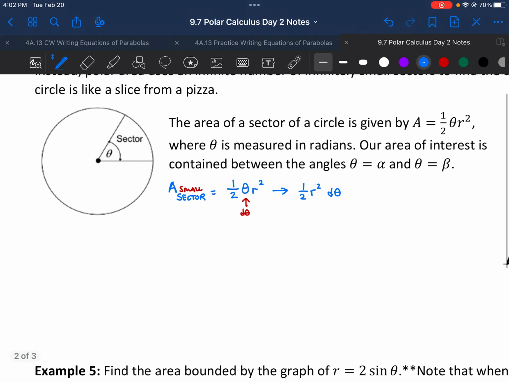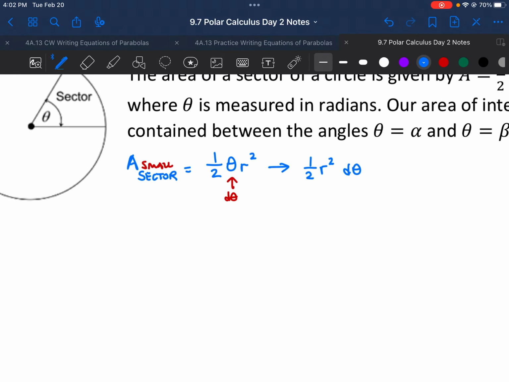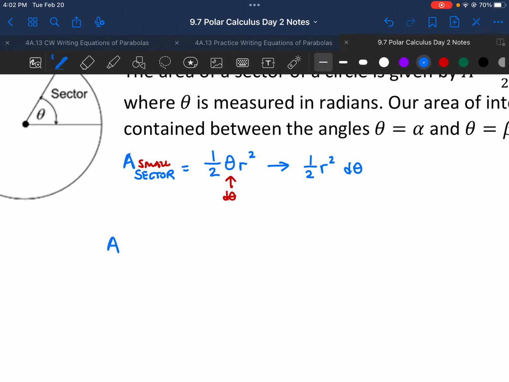Now, if I wanted to find the area of infinitely many small sectors, think of it as an infinite sum of infinitely small sectors. Well, we know that to do an infinite sum, we would use definite integral notation.